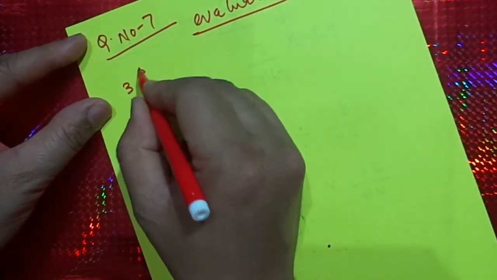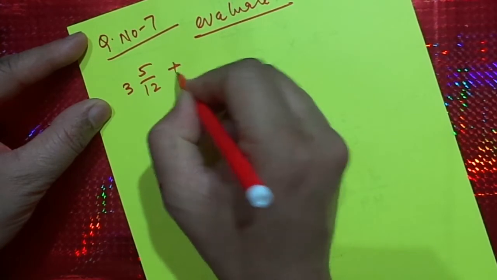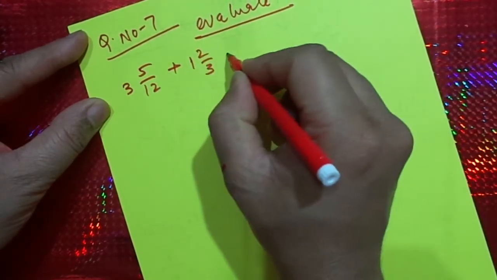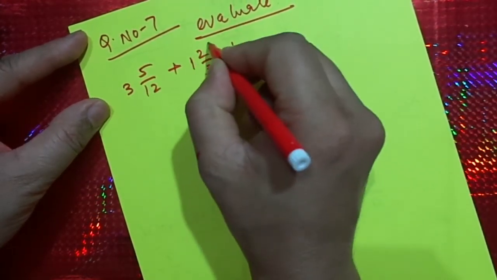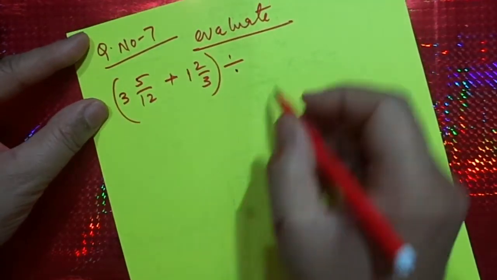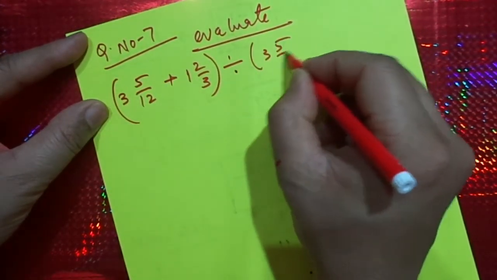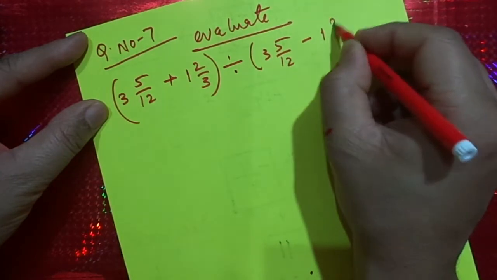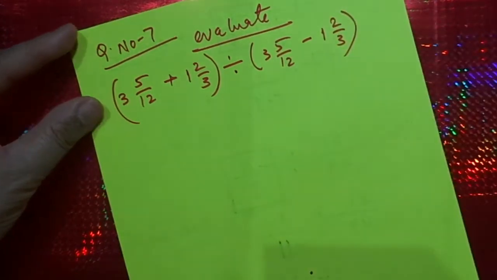3 5 by 12 plus 1 2 by 3 divided by, I should put this in bracket, 3 5 by 12 minus 1 2 by 3.